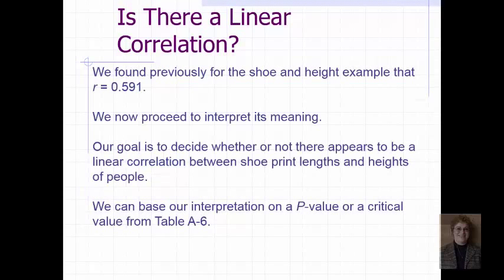Let's use table A6, and we had 5 individuals, so our N is 5, and we want to look at 0.05. That doesn't take as much evidence to throw out our null hypothesis, and you can see our critical value is 0.878. Our value of 0.591 is not further out in the tails than that, so this is not statistically significant.